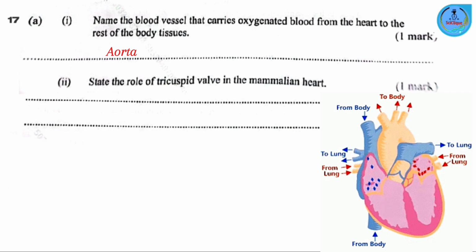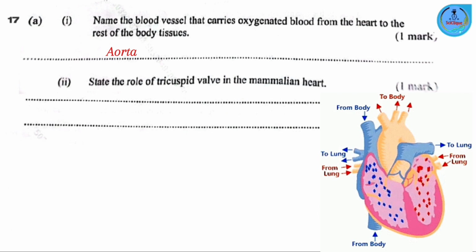Now what happens is that blood flows into the right atrium and then it flows into the right ventricle. Now once in the right ventricle, the walls of the right ventricle contract in order to push blood out of the heart. Now, when this happens, there needs to be a mechanism to ensure that the blood does not flow back. And this is where the tricuspid valve comes in.